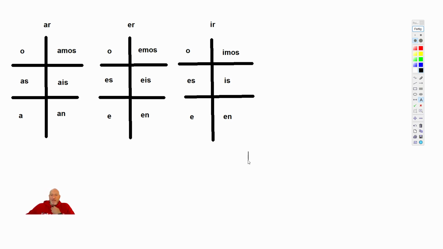A reflexive verb is a verb that will always look like this. It's a verb that is very easy to spot. It's a verb that in its original form, in the infinitive, will always have an SE at the end. That's the mark of a verb being reflexive, having that SE.